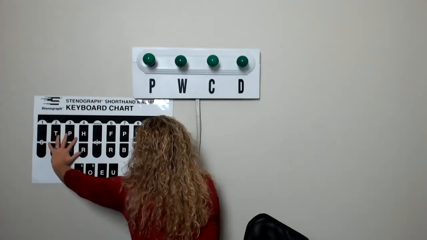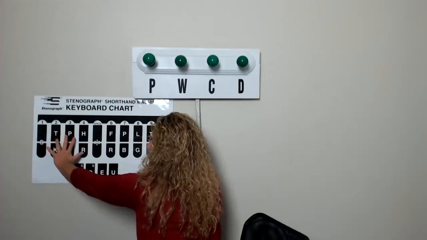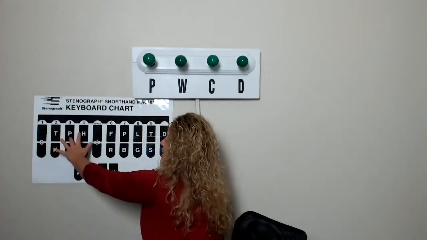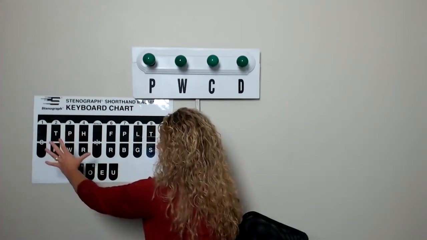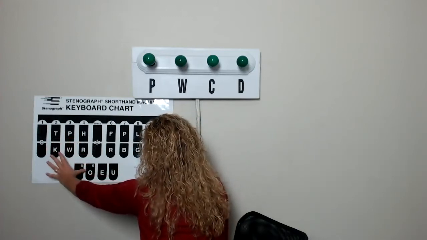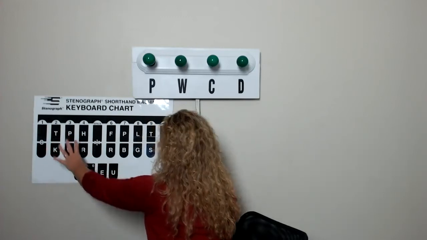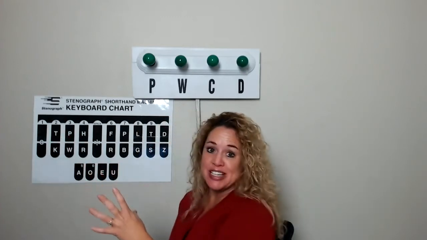You want to just slightly place your hands. Your pinky goes on the S, your ring finger goes on the T, middle finger on the P, and your index finger on the H. Then your left thumb, you're going to place between the A and the O, and it will naturally fall on that A and O. When you have your fingers here, this is called home position.